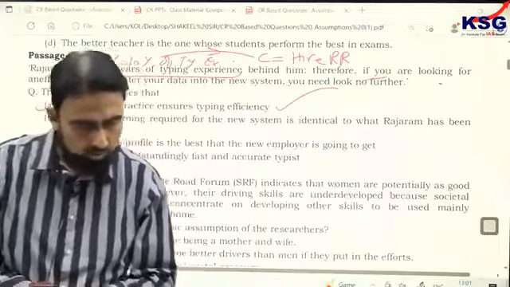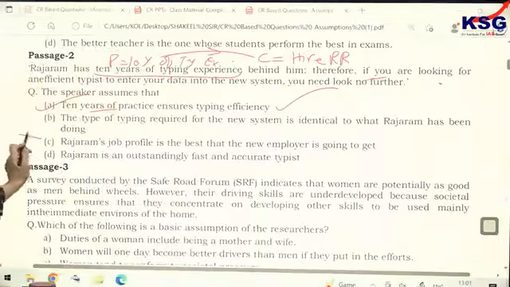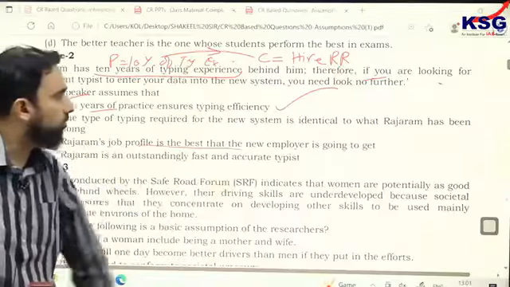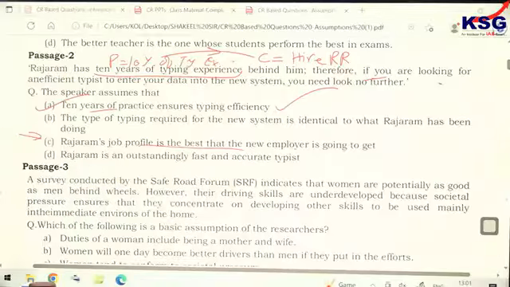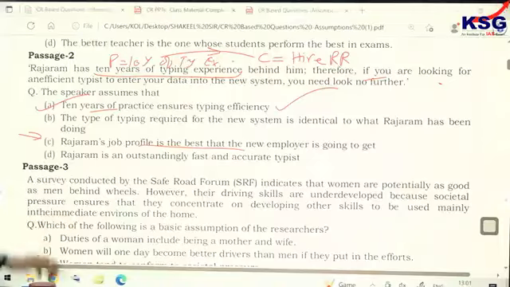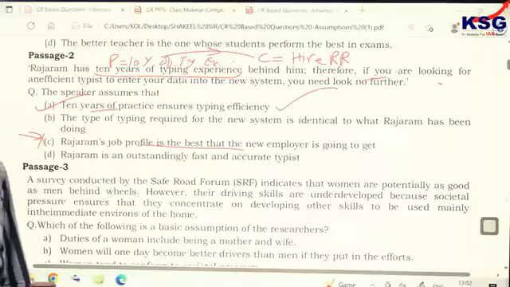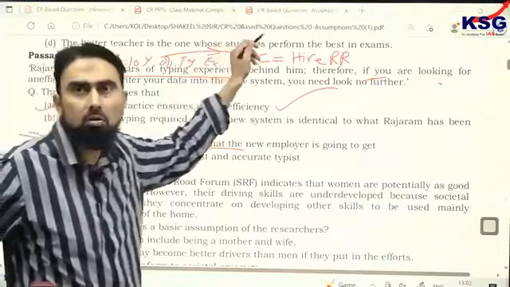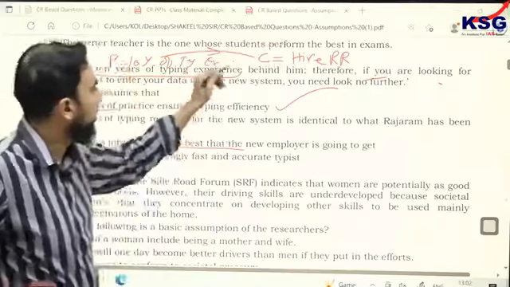Some students have chosen the second. C says Rajaram's job profile is the best that the new employer is going to get. But the author has not said hire him because his profile is going to be the best. So you are not supposed to make your own interpretations from the statement. Rather, look for what the author must have believed in, because he has written this argument.